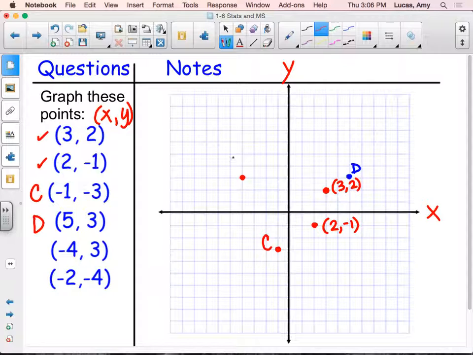Positive 3 for y is up 3, so this would be negative 4, positive 3. And my last one is negative 2, negative 4. So left 2, down 4, negative 2, negative 4. You don't have to label your ordered pairs unless it's specified that they want them labeled. I just wanted to make sure that you recognize which point I was graphing in which location.